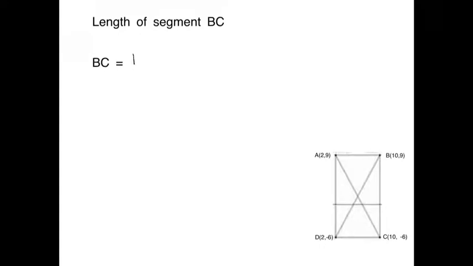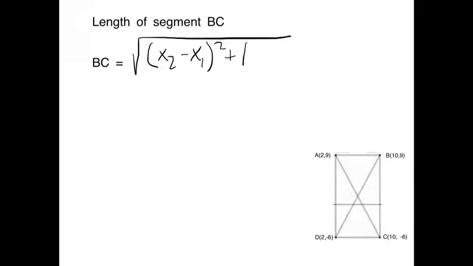Length of segment BC, again, here is the distance formula. And the distance formula is the length of the side that we're looking at.